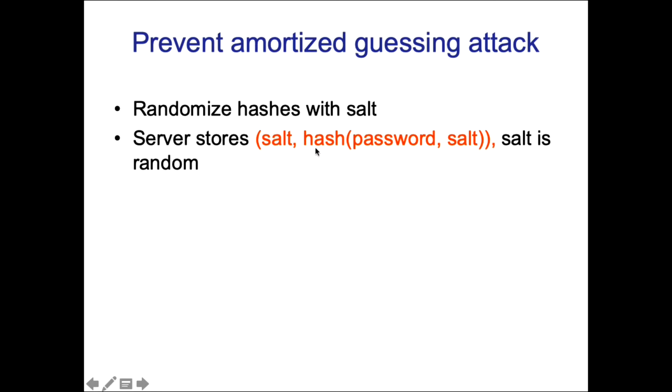What that means is that the server chooses a random salt, and then it hashes the password with the salt. So when Alice wants to log in and provide her password, the server is going to look up Alice's profile, see what salt the server used for Alice, and then hash the password Alice supplies with the salt and see whether it matches the stored hash value.